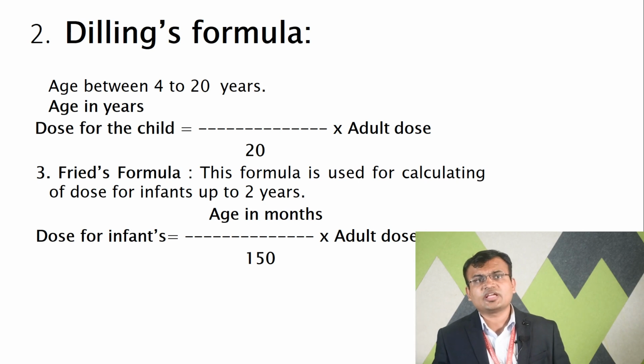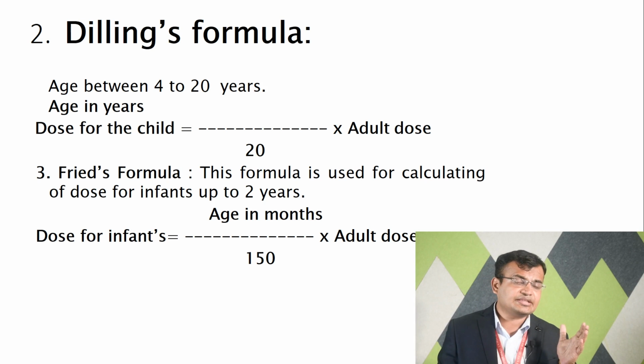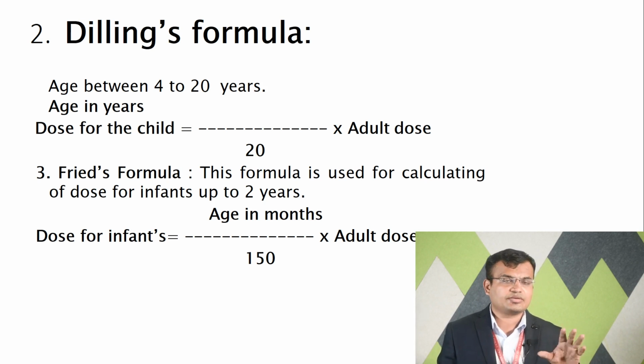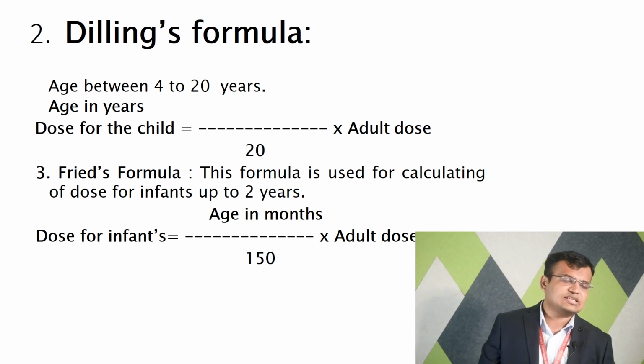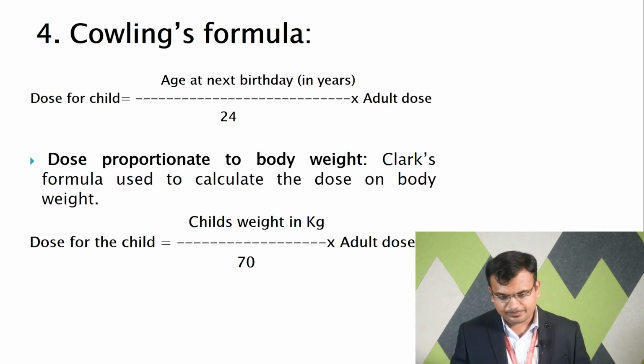In this, the calculation is done for the dose from 0 days to 2 years. We can call it infant to 2 years. So the dose for infants is equal to age in months divided by 150 into the adult dose.